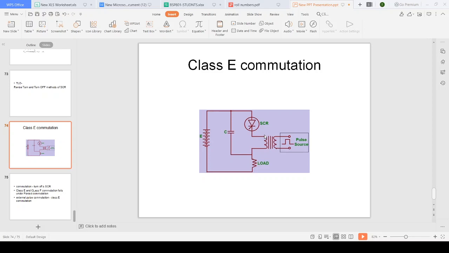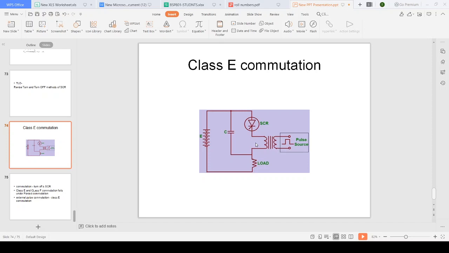Voltage at secondary of pulse transformer. Now look at this transformer. We know that a transformer has two windings. On the right hand side we consider the primary winding, and on the left hand side it has the secondary winding. At this secondary winding, voltage will appear.